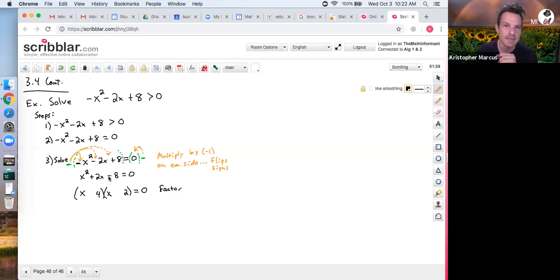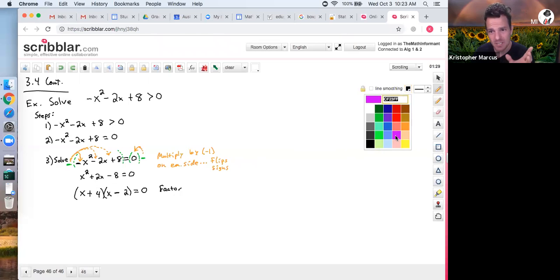To make it negative, one is going to be positive and the other negative. But is the 4 positive and the 2 negative, or is the 4 negative and the 2 positive? Answer: in the middle here, we need a positive 2. The bigger number has to be positive. So we should get +4 and -2.